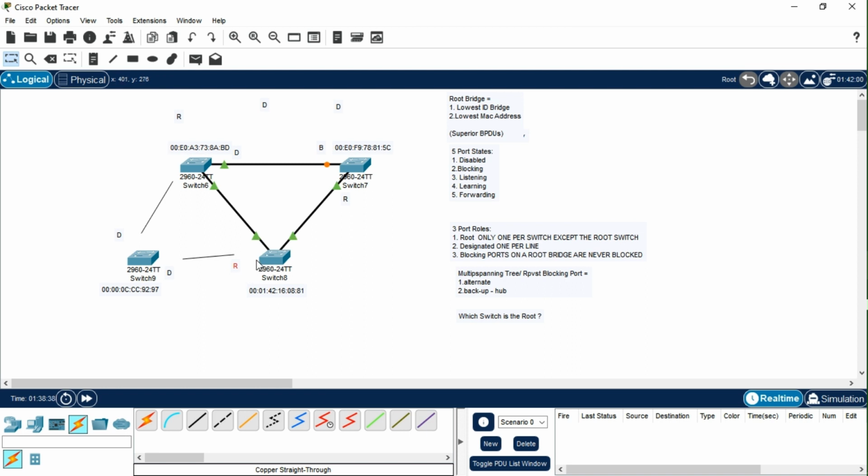So I can determine that this is going to be my root port. Let's continue. Now what about this line? How would this line change? Will this line be blocking, or would it be a designated port? How would that change? Interesting.